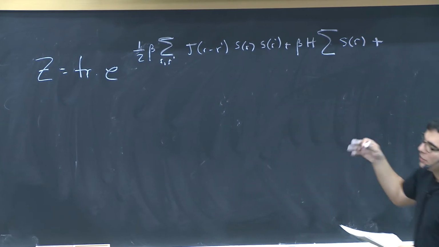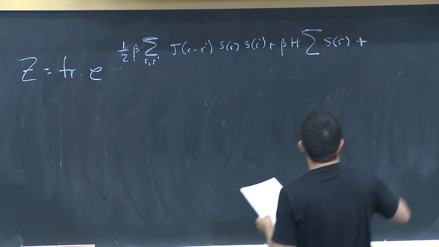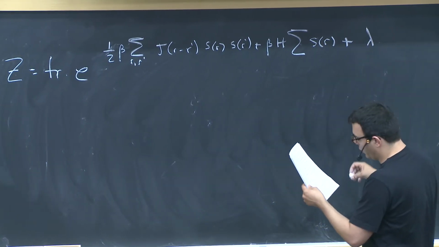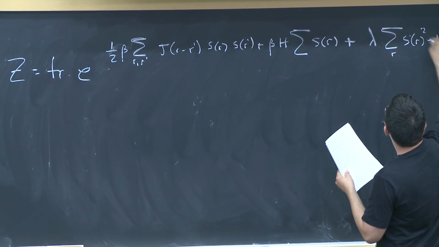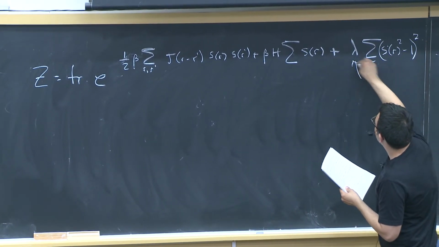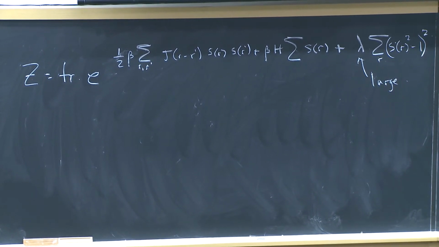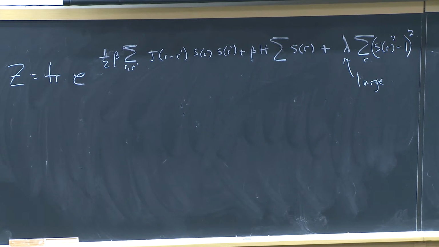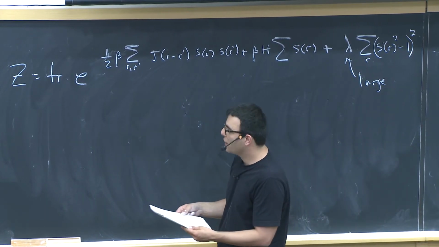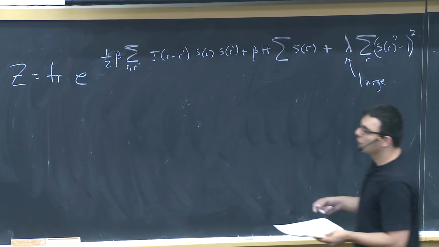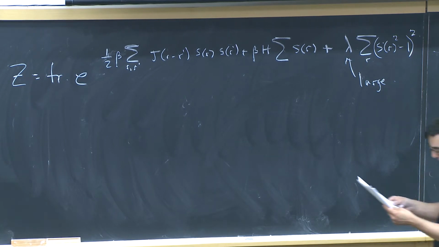And instead of assuming that the spins are plus or minus 1, let's give them some potential with a very large coefficient. So we have some lambda that is very large, times the sum over r of s of r squared minus 1, quantity squared. If we choose lambda to be large, then s prefers to be plus or minus 1. Presumably this isn't that bad. Hopefully it will give the same answer as that model. Okay?